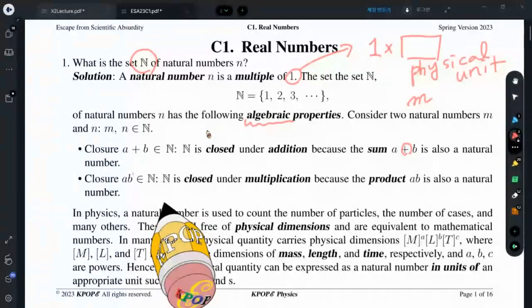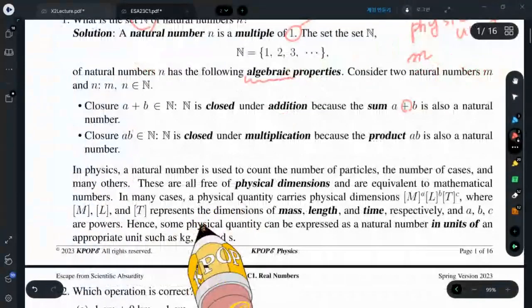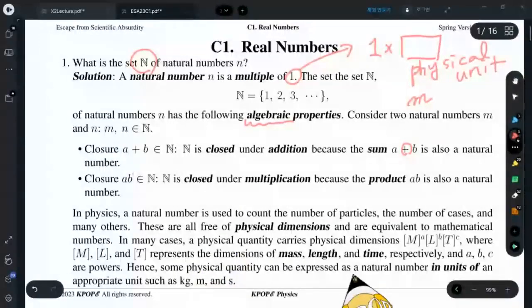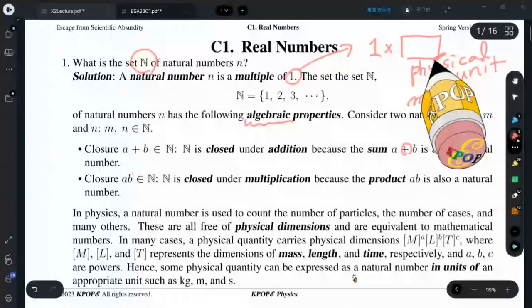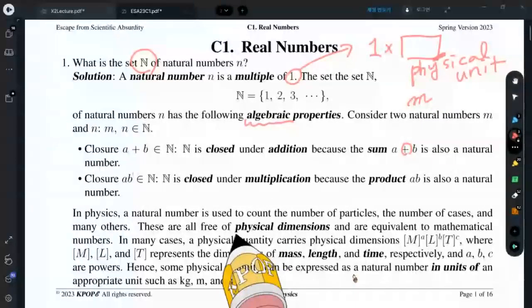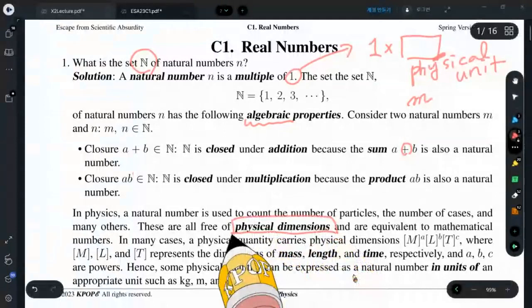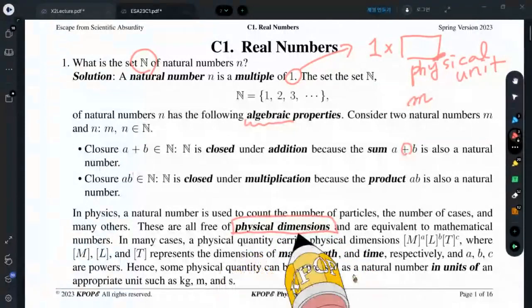So everybody knows very well about it. Anyway, just like what I told you a minute ago, a physical quantity always has physical dimensions. This dimension is different from mathematical dimension.